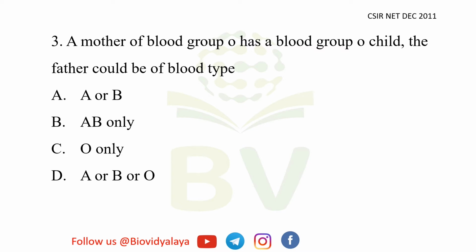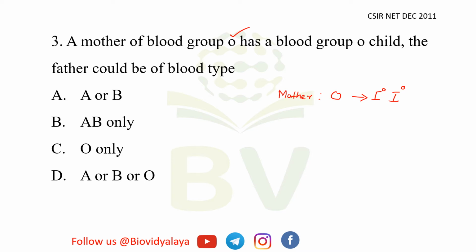So here we know the blood group of the mother. What is the blood group of the mother? O. What is the genotype of this O blood group? IO IO. Remember that this IO allele is the recessive allele.